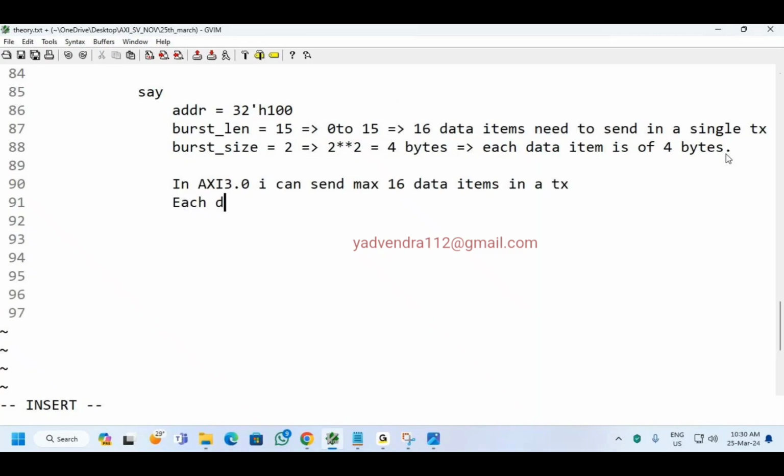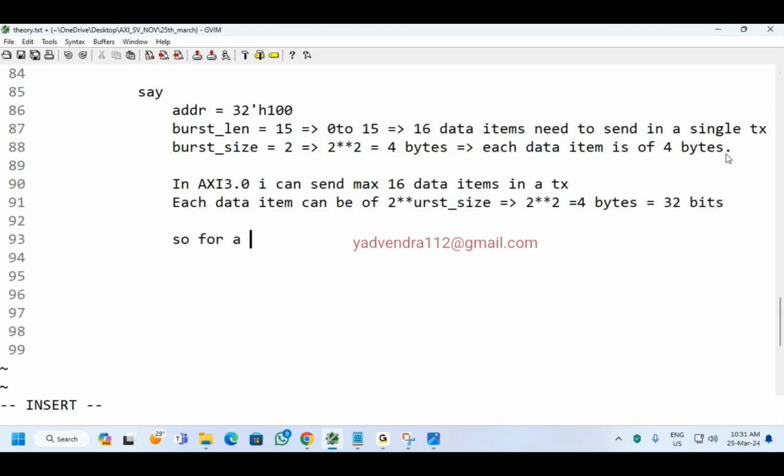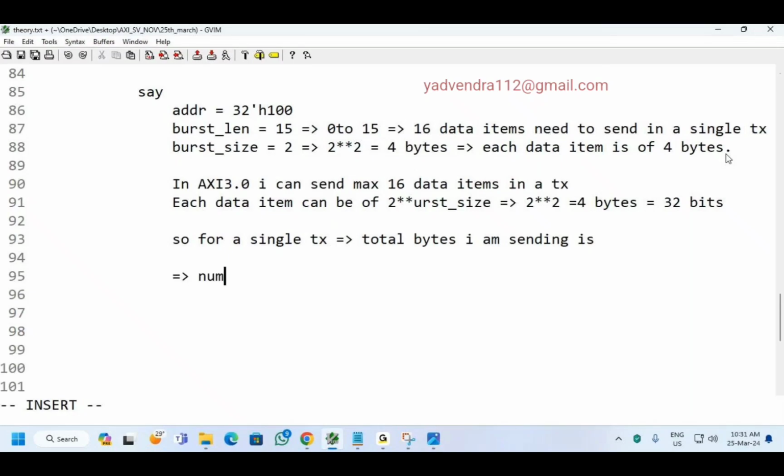Each data item can be of 2 to the power of burst size, 2 square, that is equal to 4 bytes, that is 32 bits. So for a single transaction, total bytes I am sending is 16 into 4.